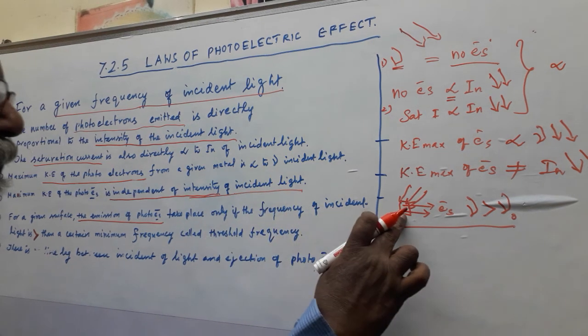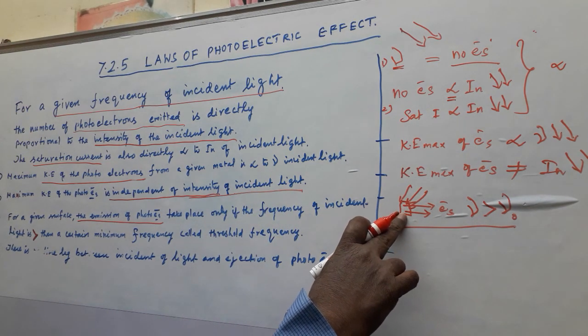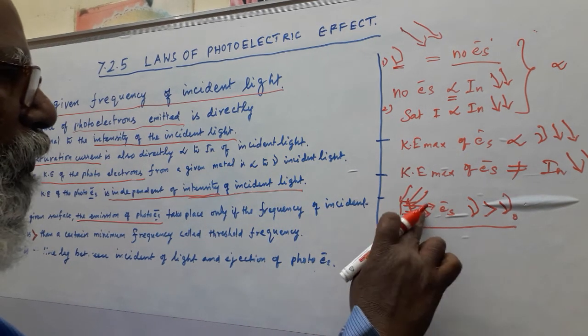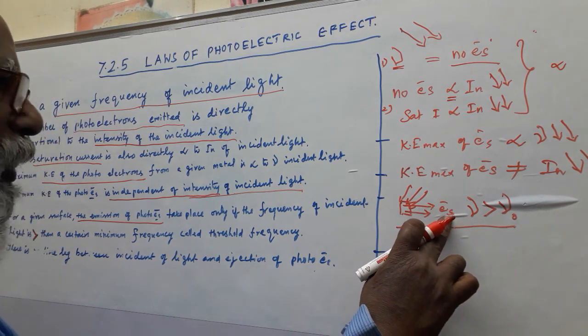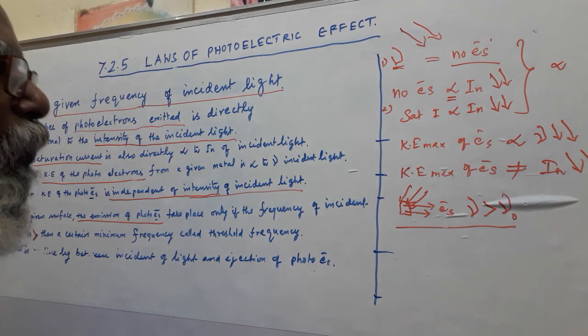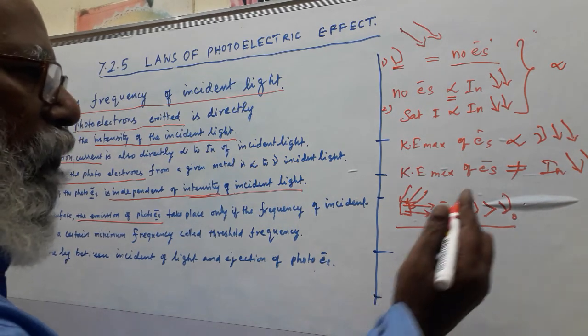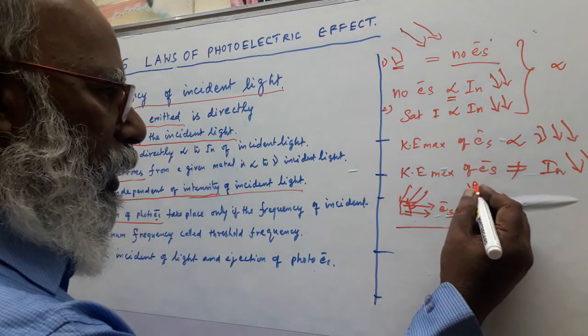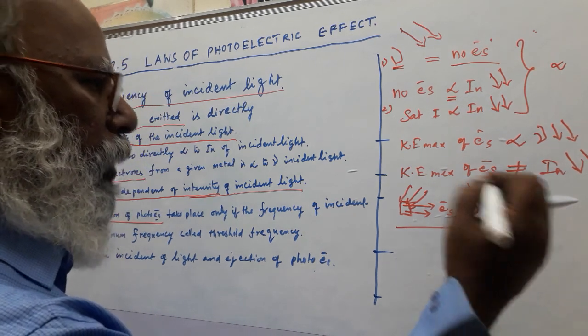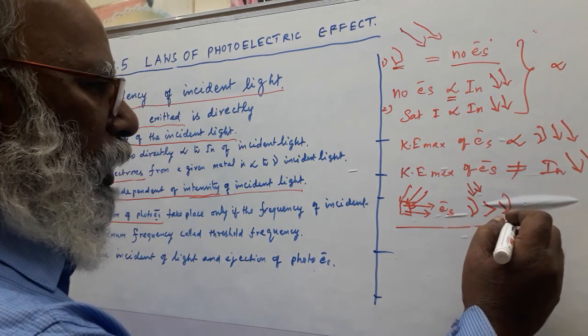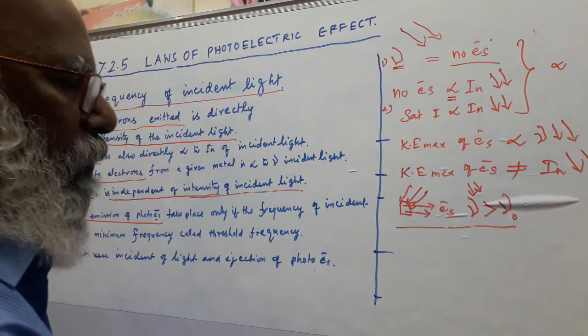For a given surface, the emission of photoelectrons takes place only if the frequency of the incident light rays is greater than the minimum frequency called threshold frequency.